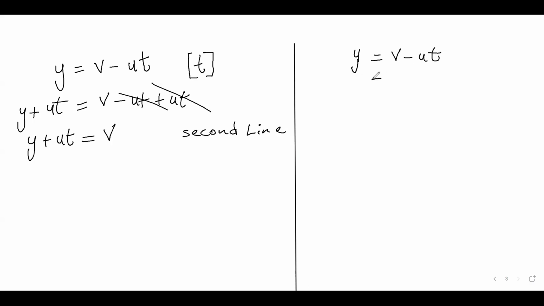So Duncan, under the equal sign, you have Y plus UT equals V. So I fix it, sir.